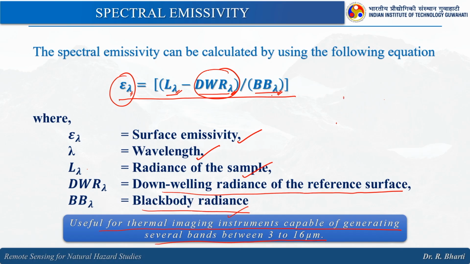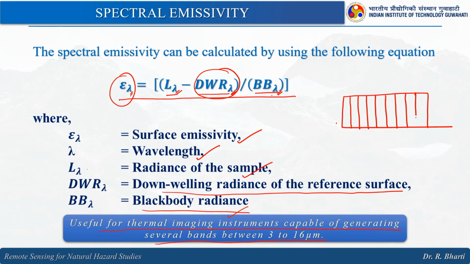Now, if you refer to hyperspectral remote sensing, it is a concept which says that we have contiguous measurements and a good number of spectral bands, maybe tens or hundreds of bands, and the bandwidth is narrow.